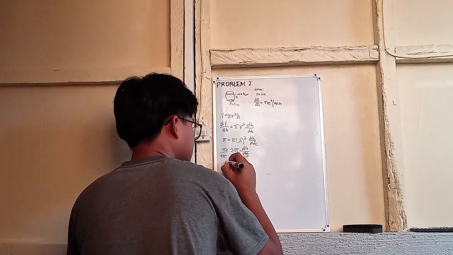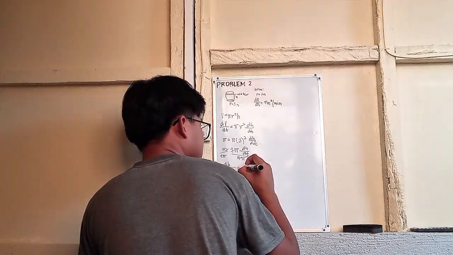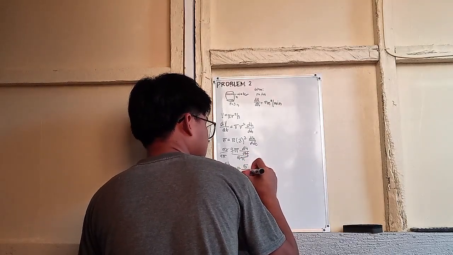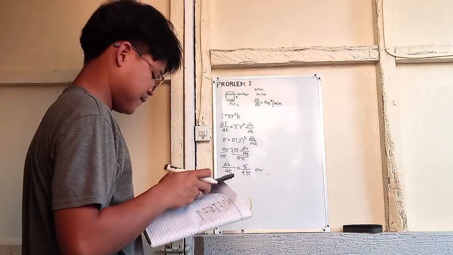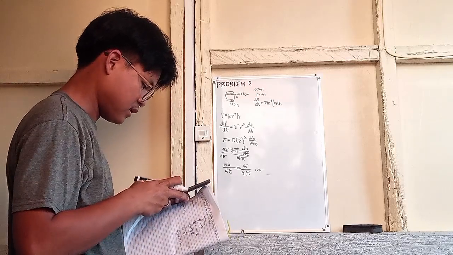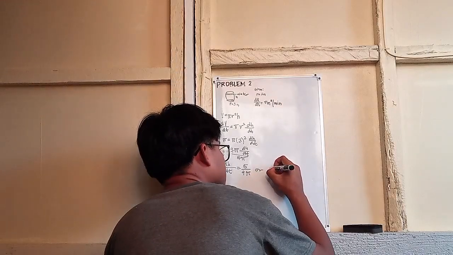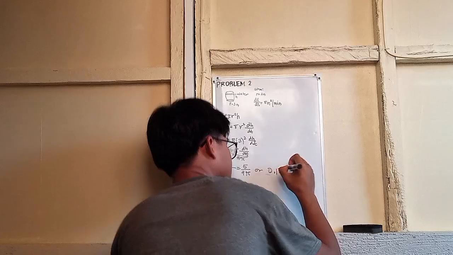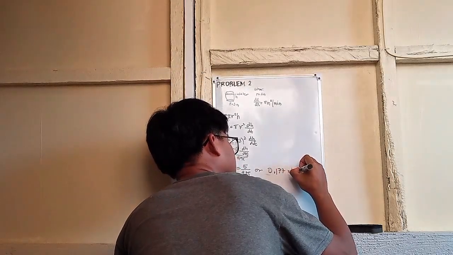Cancel, cancel. And we have the value of dh over dt as 5 over 9 pi, or when you calculate, 0.177 meter per minute.